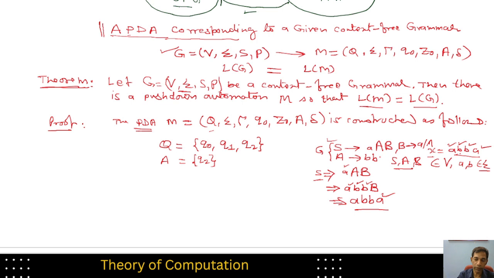Say for example you have the stack like this, and at the bottom we have the initial stack content, which is Z0.